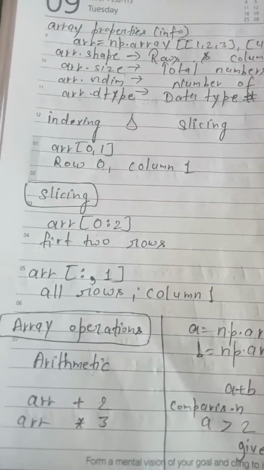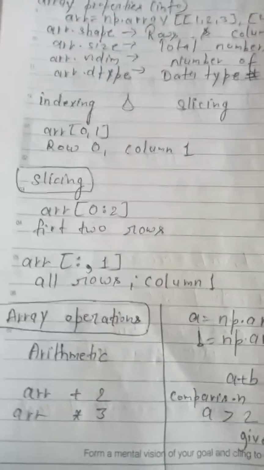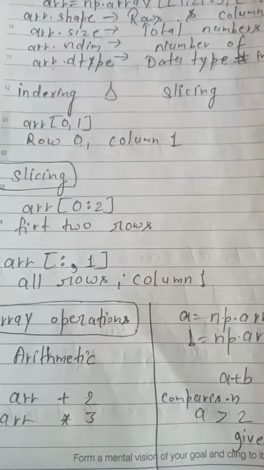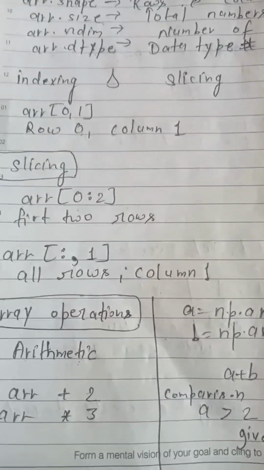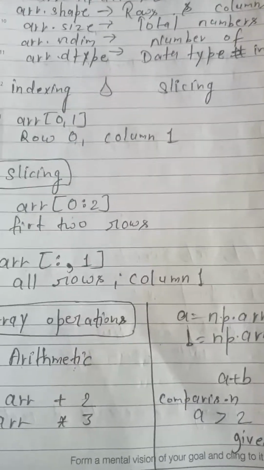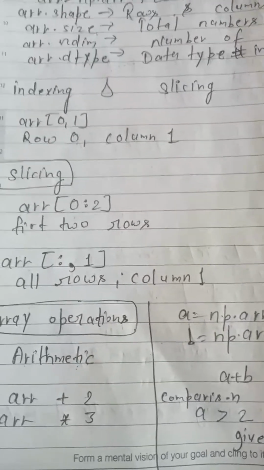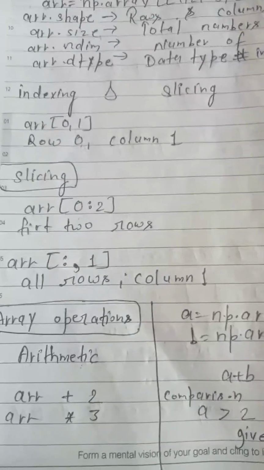Then array operations. You can add and multiply by a specific number. You can add 2, not in the list, in the array, and you can multiply with a specific number in the array.